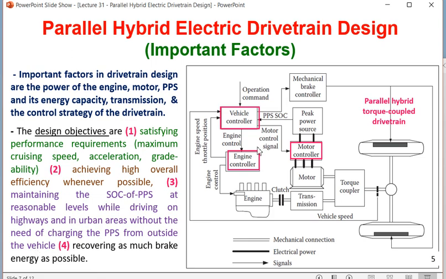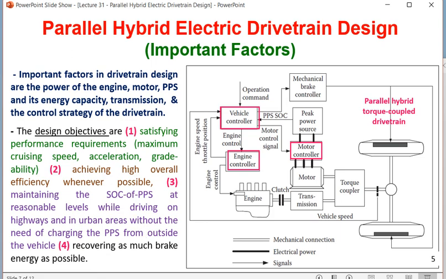If too much requirement is there, that means it falls below 70, in that case the engine has to be started, and that will make the peak power source charge to 100. So we should not think of charging a peak power source from outside. We should make smart provision of charging the peaking power source from inside only. This is the third requirement, that is SOC of PPS has to be maintained at any time, at any condition.